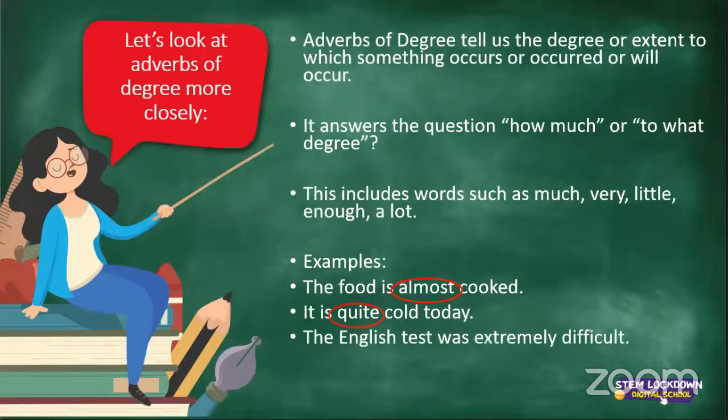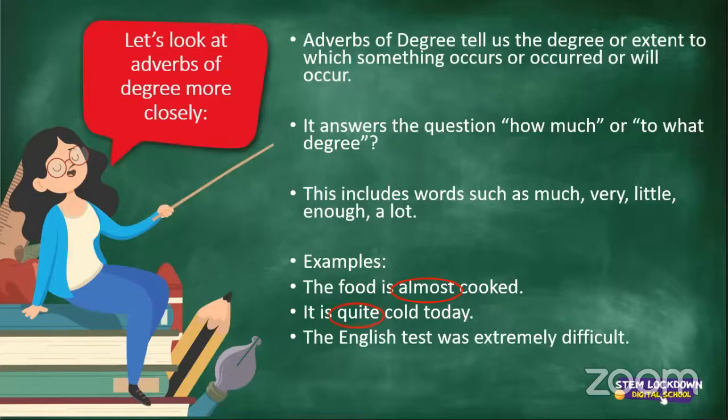The next one. I hope this will never be true for you. The English test was extremely difficult. Now, we'll ask the question here, to what degree was the test difficult? How difficult was it?